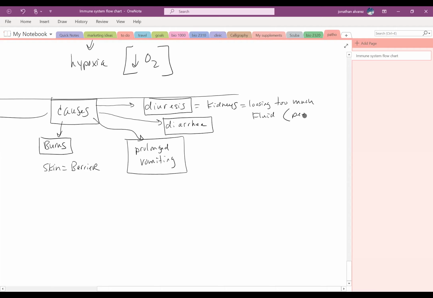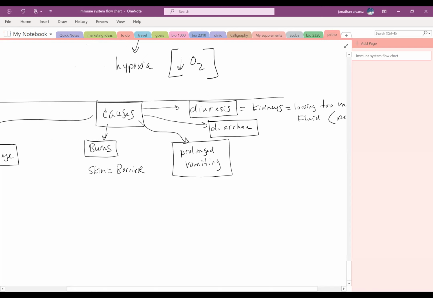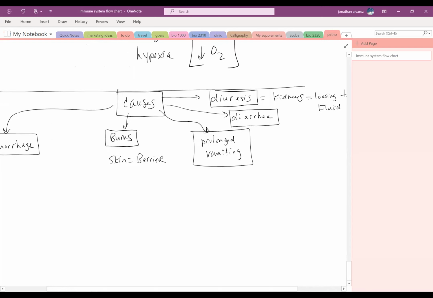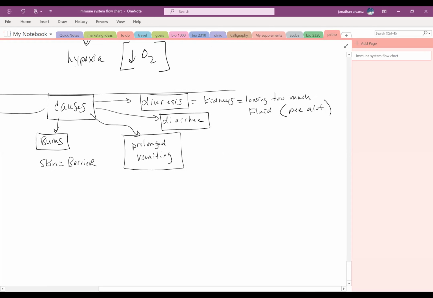So you pee a lot. You pee too much. All right, diuresis. So all of these lead to loss of blood and or fluid.